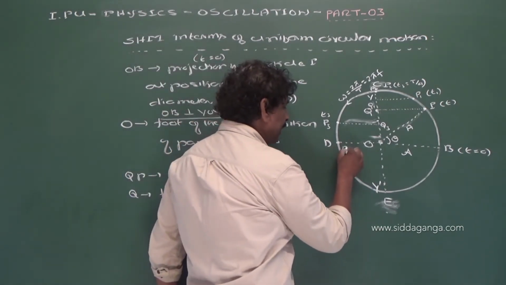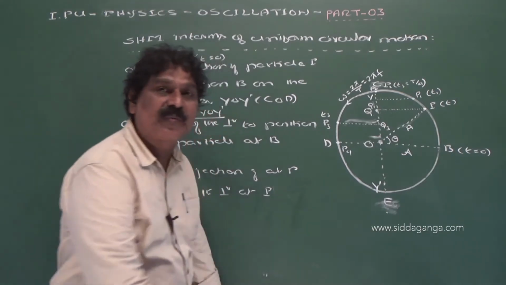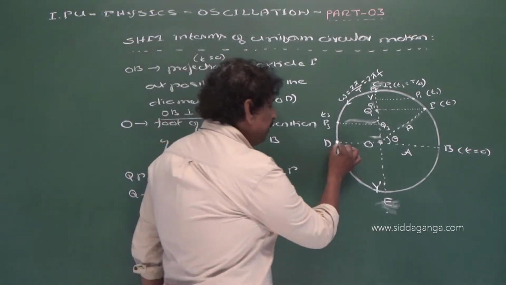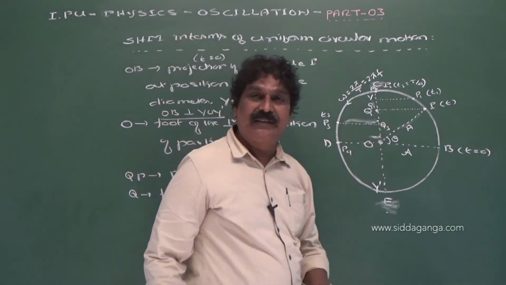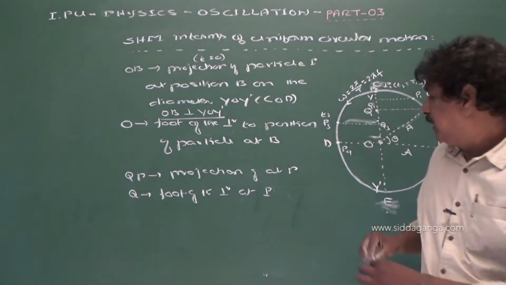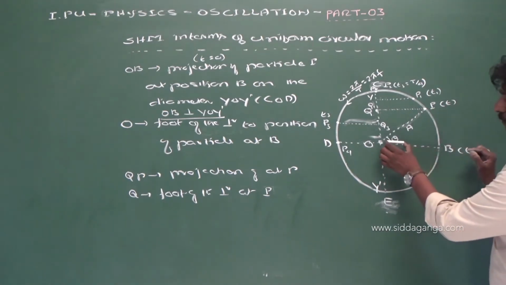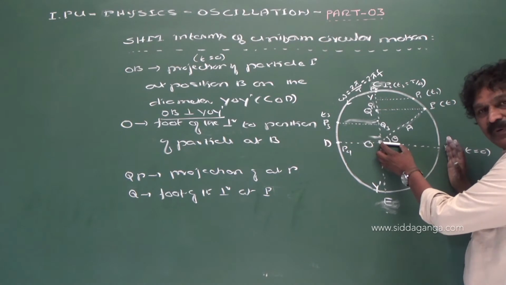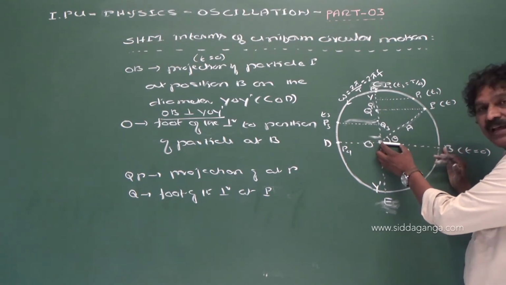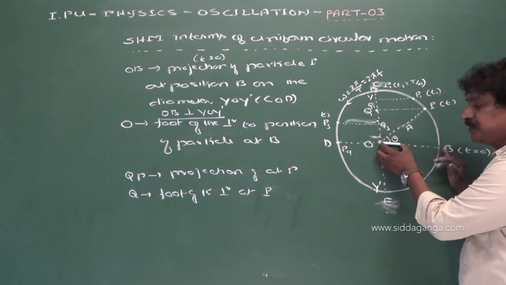Now, when the particle comes to the position P4, now DO is the foot of the perpendicular. You see it here. Now, it is the maximum length of the projection when the particle is at B, at time t equal to 0.